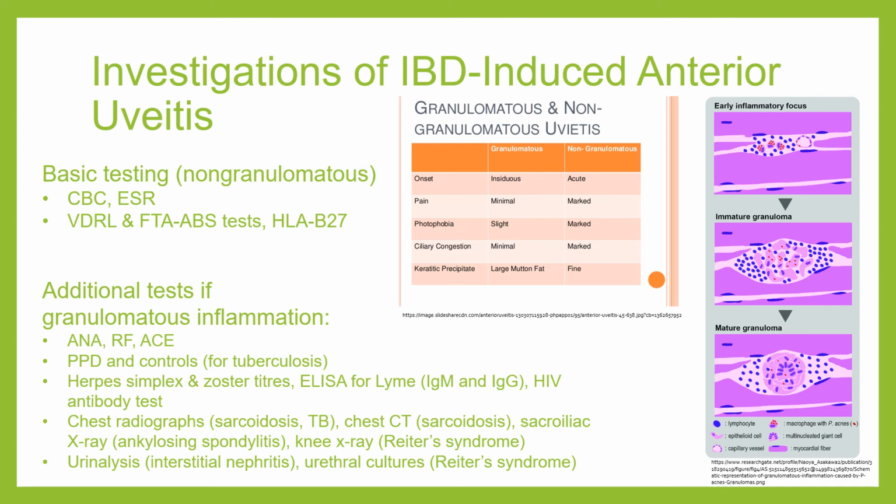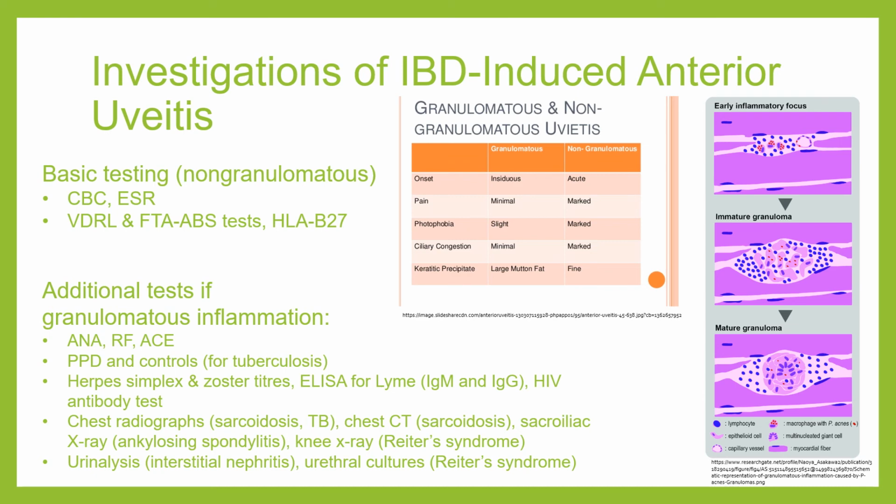Do chest radiographs to also rule out sarcoidosis and TB, which can show up as infiltrations in the lung area, chest CT, and sacroiliac X-ray for ankylosing spondylitis, knee X-rays for Reiter syndrome.